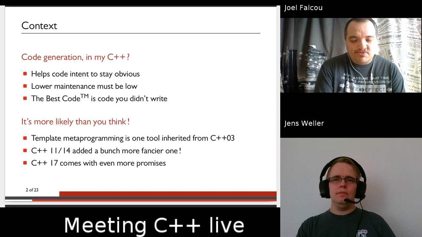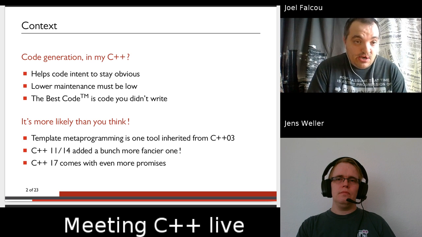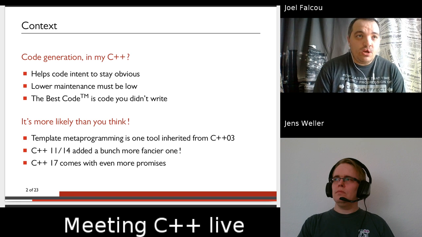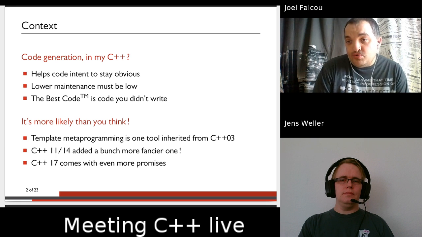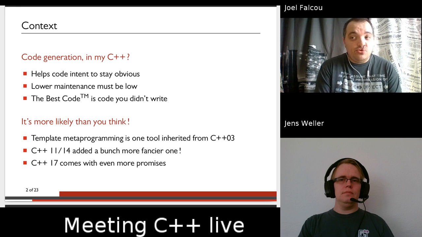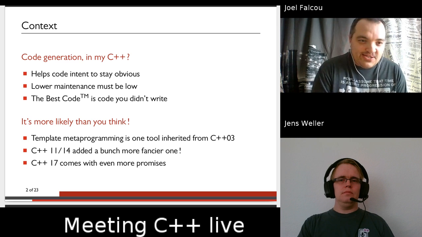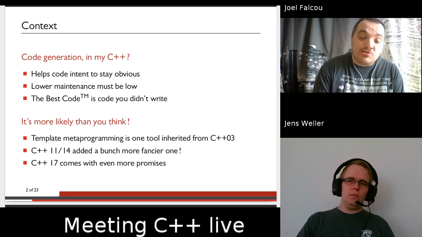C++11 cleaned up a lot of this by standardizing stuff like variadic templates, and it opened an area where dealing with this kind of code started to look like something you can do in regular C++, and nobody will look at you strangely because you write more angle brackets than anything else. So it helps the techniques become more, let's say, mainstream.